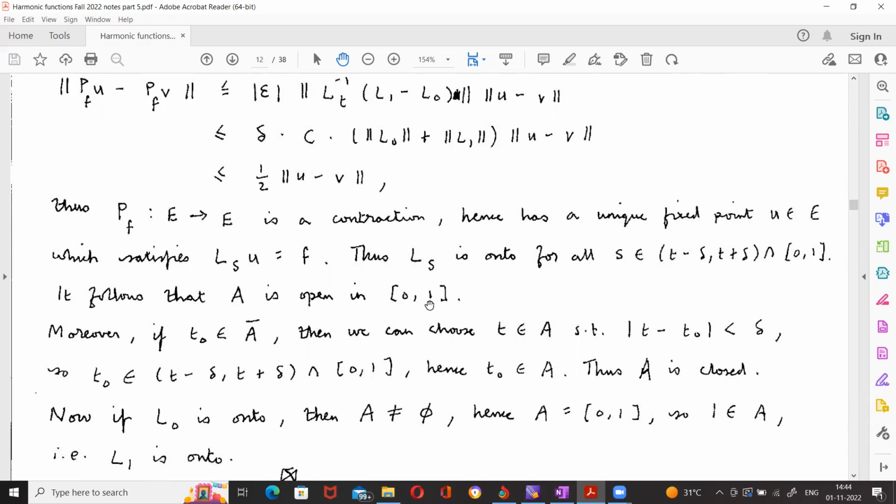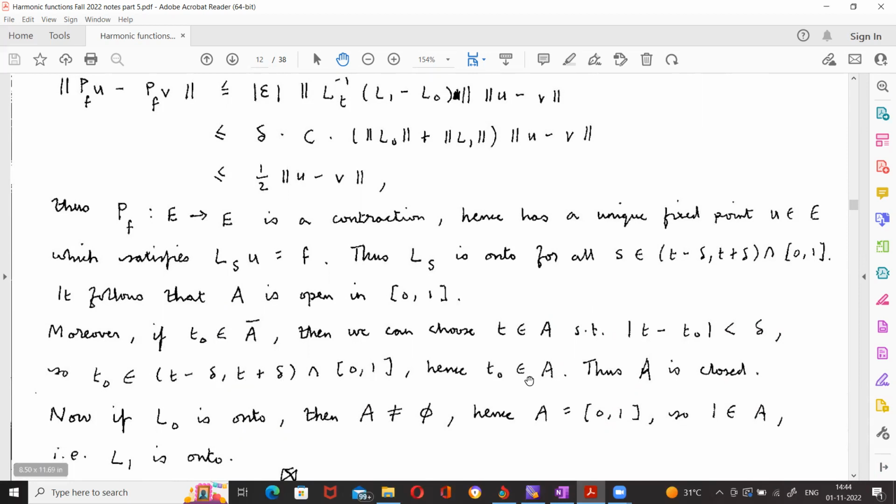And to show that it's closed, suppose T naught is a point in the closure of A, we have to show that T naught belongs to A. So since it's in the closure of A, that means we can choose an element T in A, which is at distance less than delta from T naught, right? So that means that T naught will belong to (T minus delta, T plus delta) intersect [0,1].